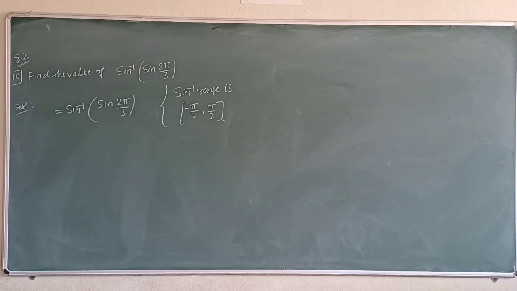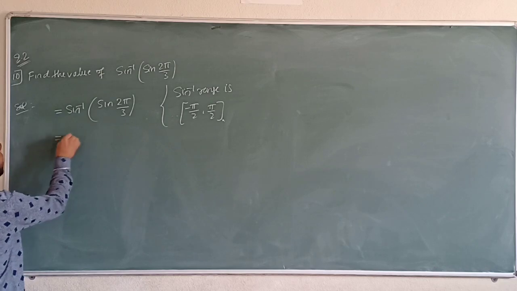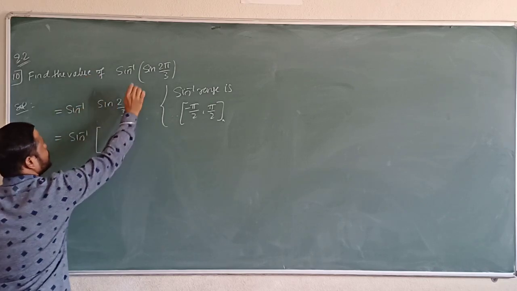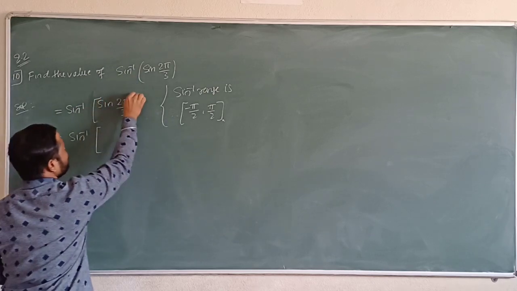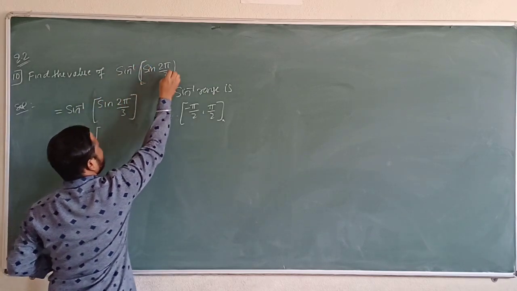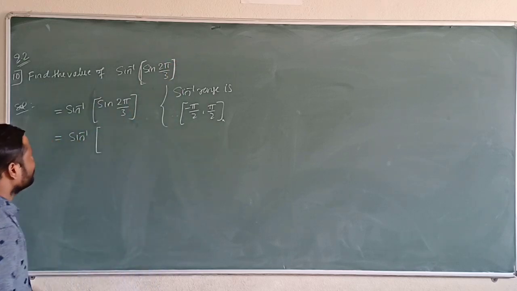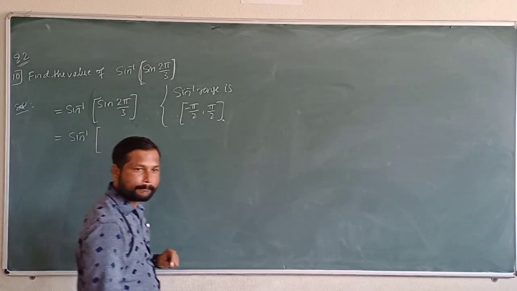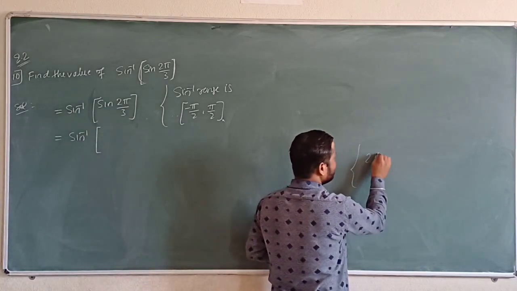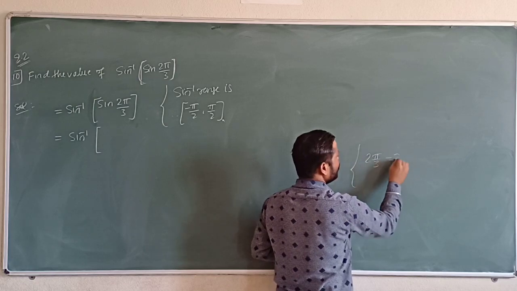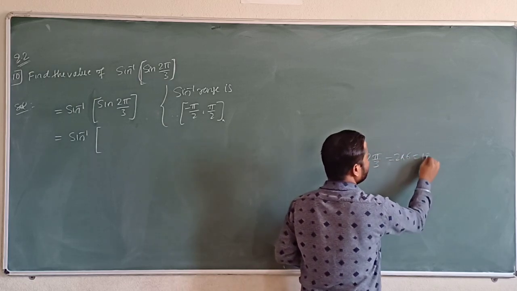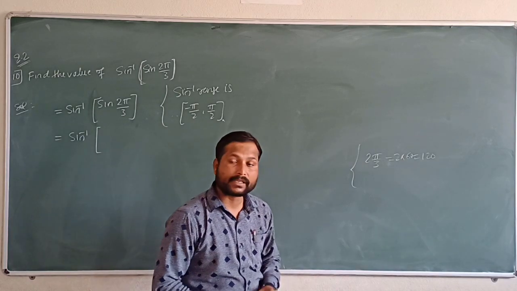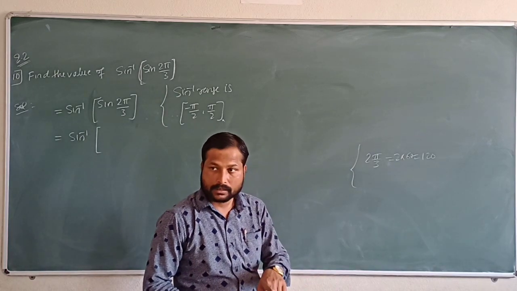See here. That is sin inverse of sin 2 pi by 3. Now tell me, 2 pi by 3 means how many degrees? 2 into 60 is how many degrees? 120 degrees. Correct? How do you write 120? 180 minus 60.